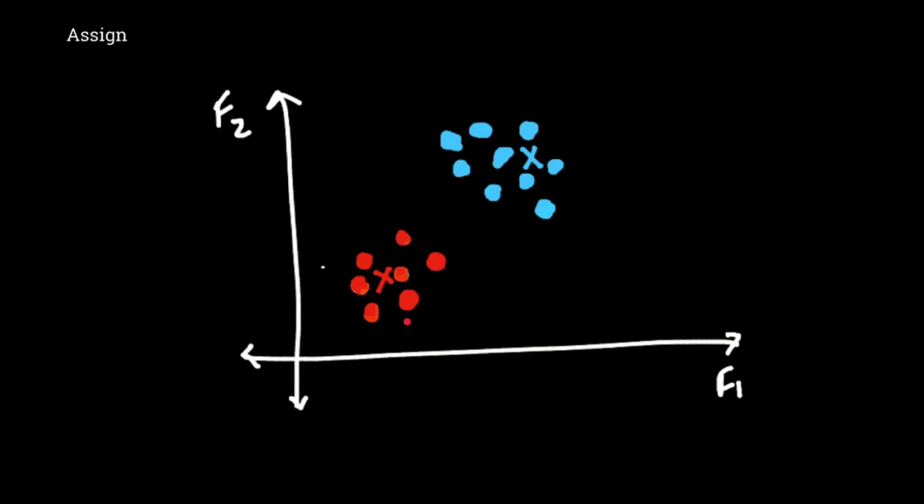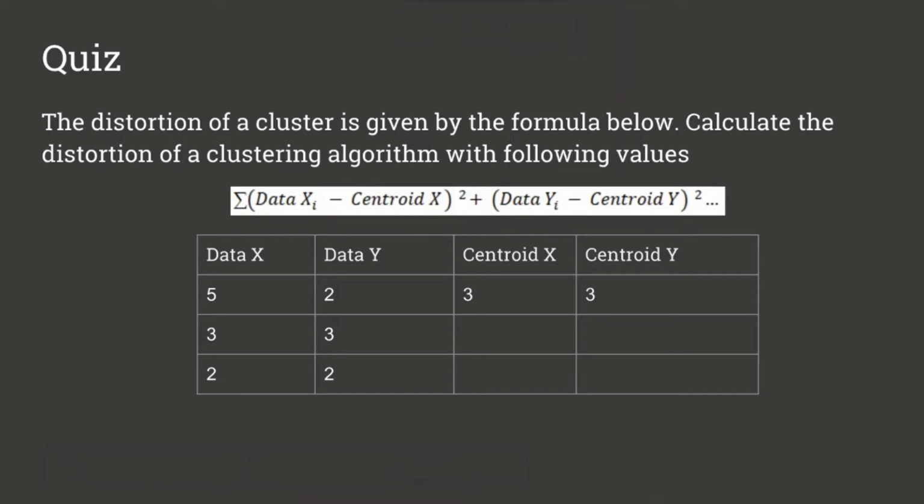How closely we have been able to estimate a cluster properly will be given by this formula over here, which is the distortion of that particular cluster. So go ahead and calculate the distortion for that. Guys, it is pretty straightforward. You just have to square the differences between each of the x and the centroid over here, and then add all of that together.